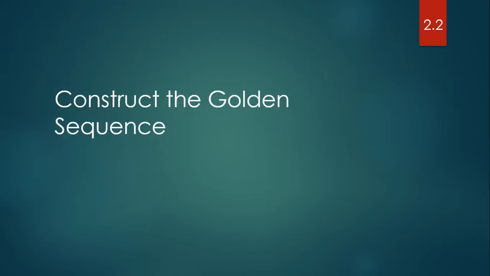Our last construction will be to construct the golden sequence. So what we're starting with is a line segment that has some points placed on it at some specific distances.